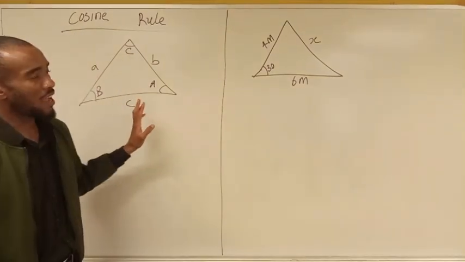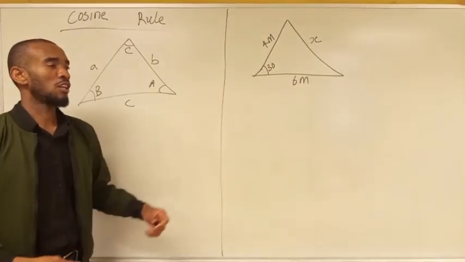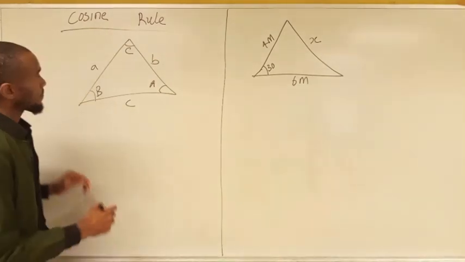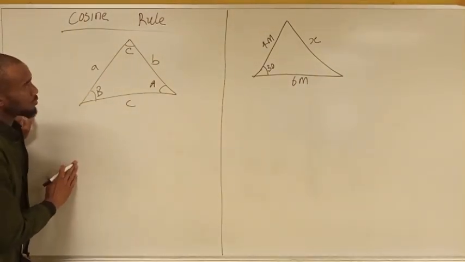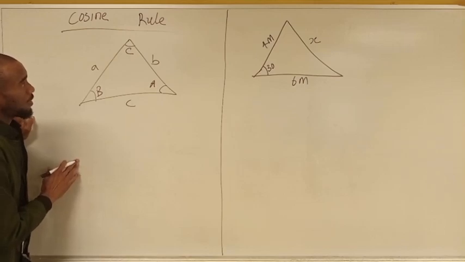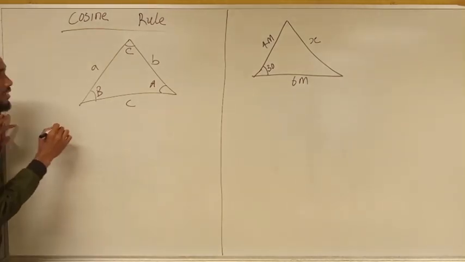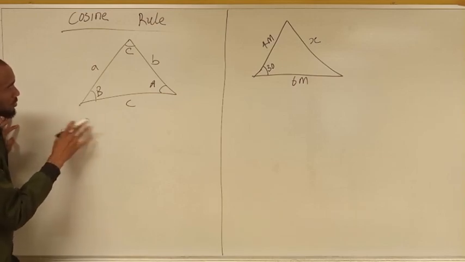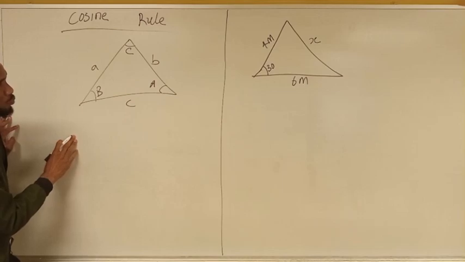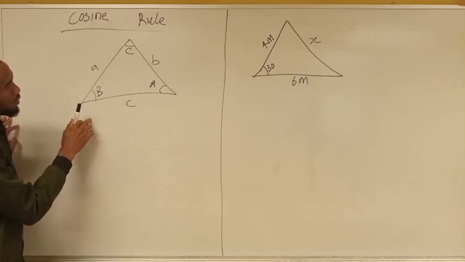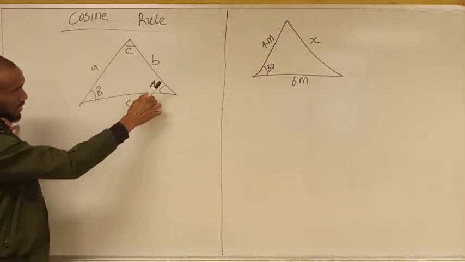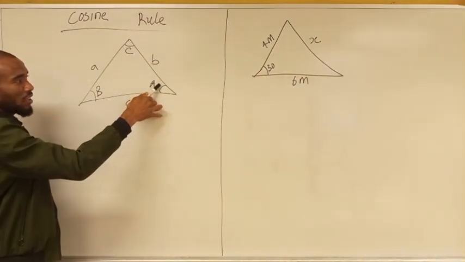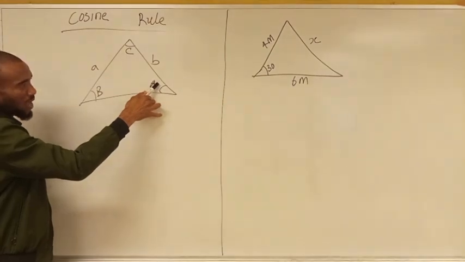On the board, we have the diagram, and just to explain what it means without wasting much of our time, the cosine rule is a principle that states that for a given triangle, let's work with this angle, assuming that we know the value of this.